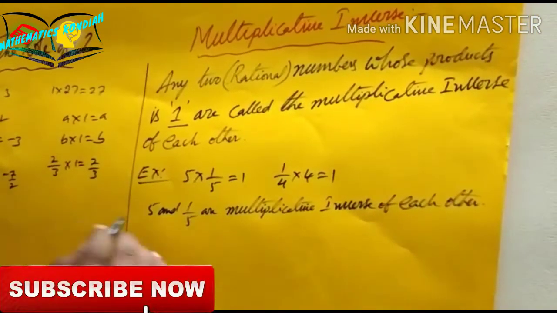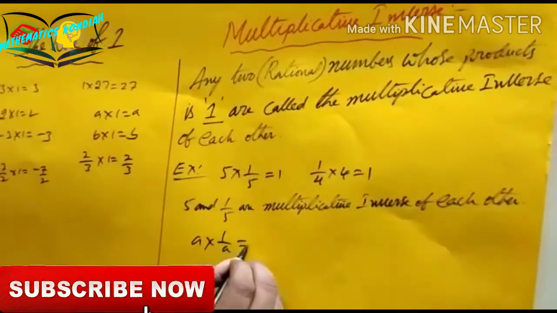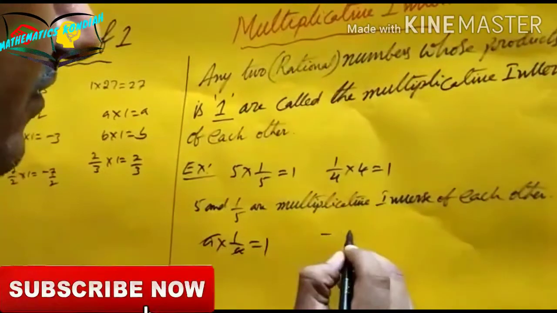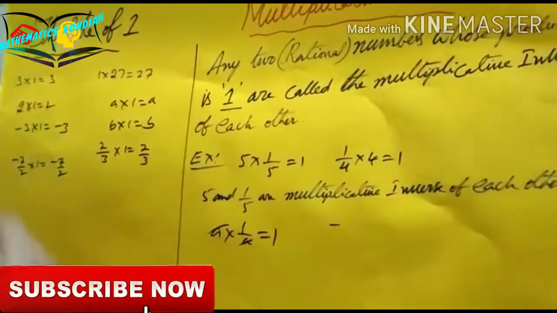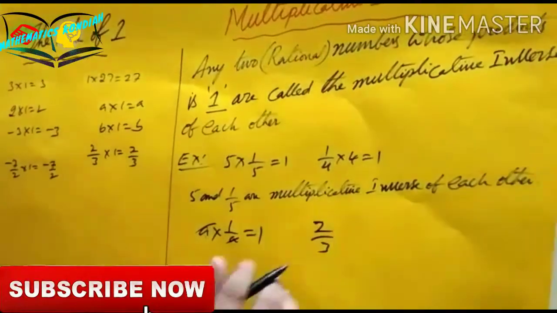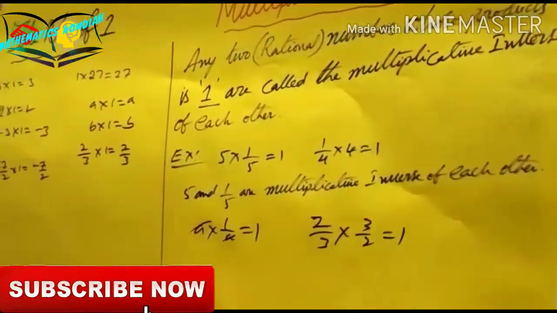For example, say A. The multiplicative inverse of A means 1 by A, and the product is equal to 1. Therefore, the multiplicative inverse of 2 by 3 means 3 by 2, and the product is equal to 1.